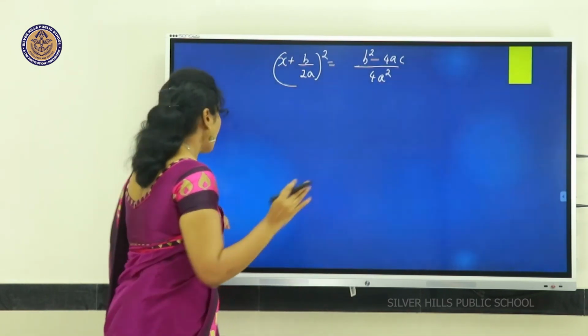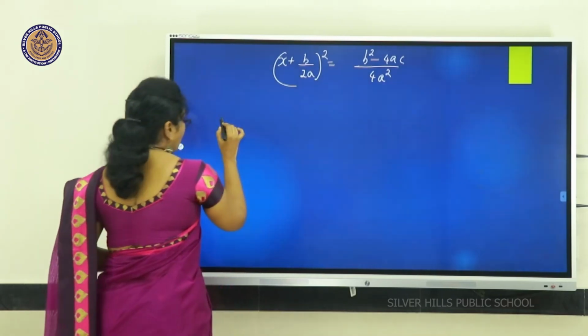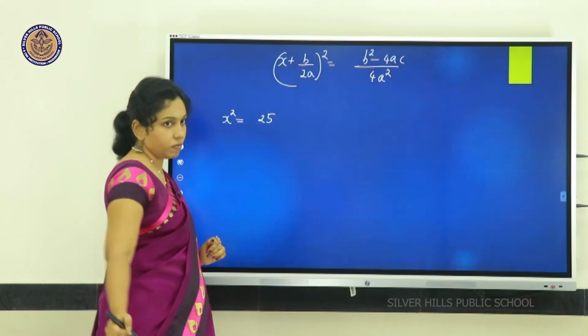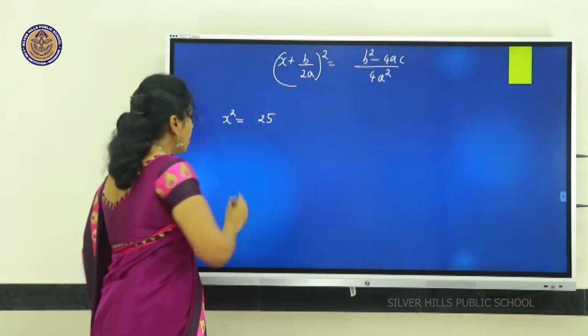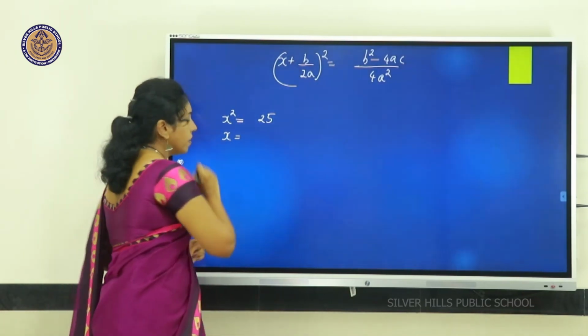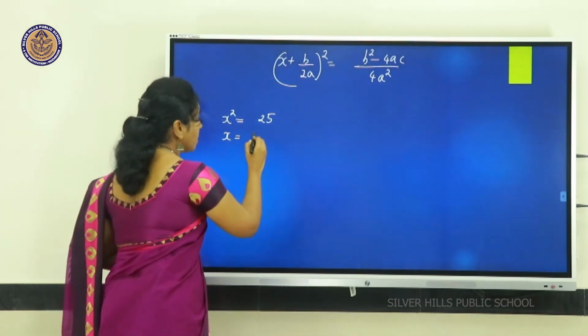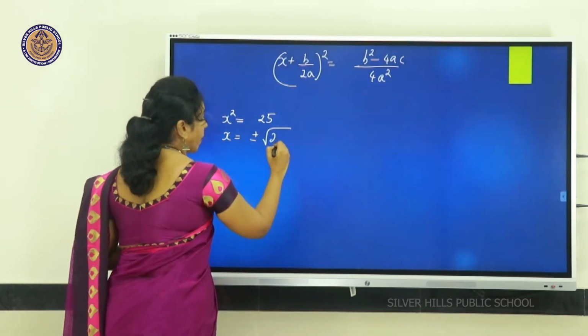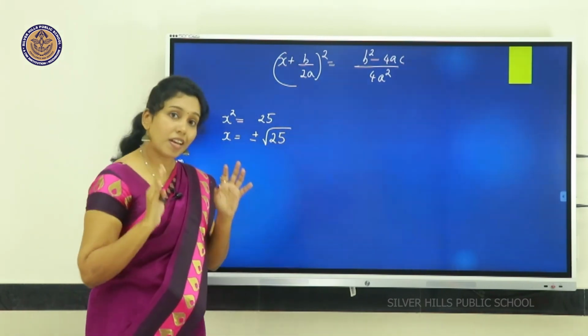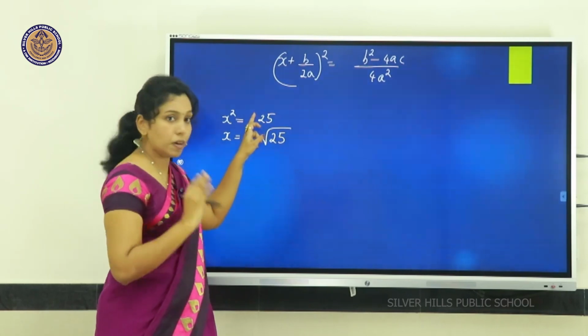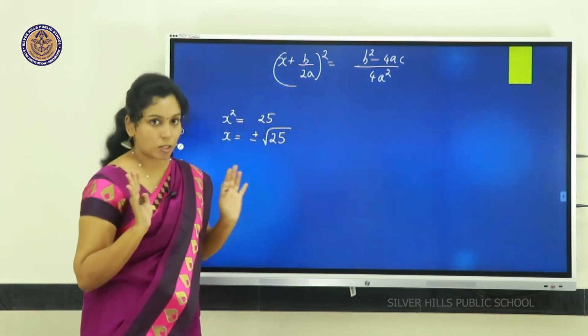Now see children. Suppose you have say x square is equal to 25. 25 is positive. So how do you write x? I will write x is equal to plus or minus root 25. So we can always write this when this number on the right side is positive.